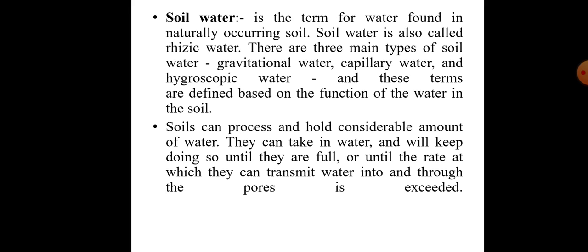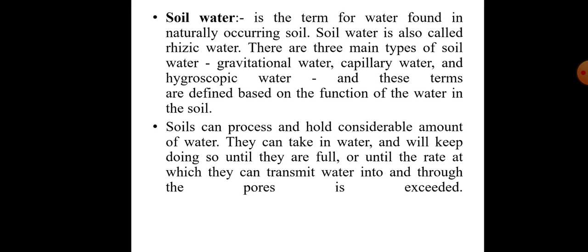Then the last one is soil water, the term for water found in naturally occurring soil. Soil water is also called resic water. There are three main types of soil water: gravitational water, capillary water and hygroscopic water, and these terms are defined based on the functions of the water in the soils.